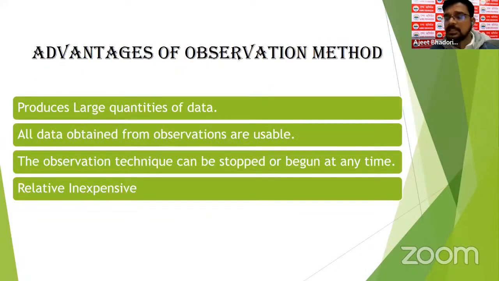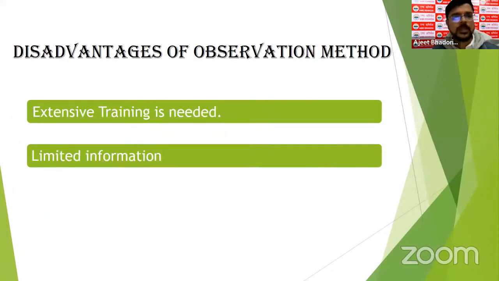So observation has its own advantages, like it produces a large quantity of data, that you can observe anything which you want. It's easy and simpler to do. All data obtained can be used. Observation techniques can be stopped and begun at any particular time point, and this is relatively inexpensive.